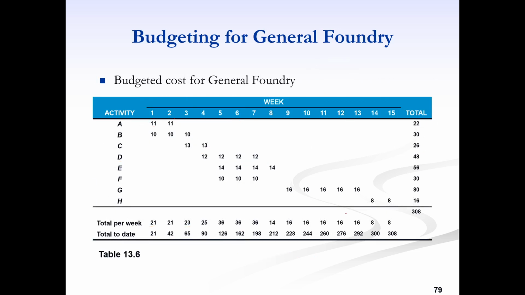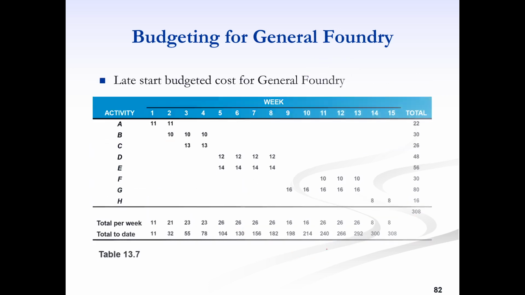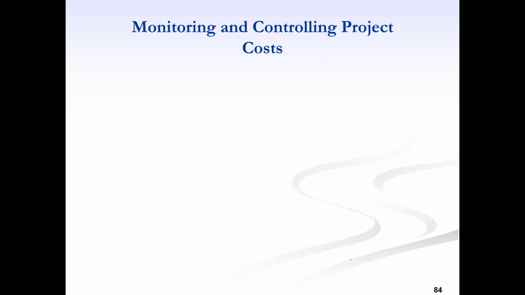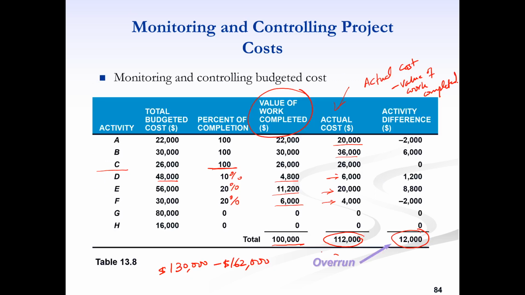All right, so we can see from here that the actual value of work completed is only 100,000, whereas it should be in between. The value of work completed should be in between these two ranges of budget expenditure, and this means that we are also behind schedule.